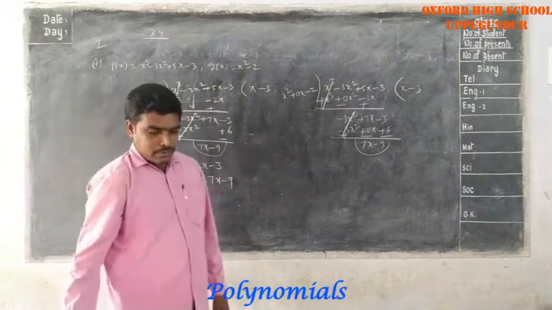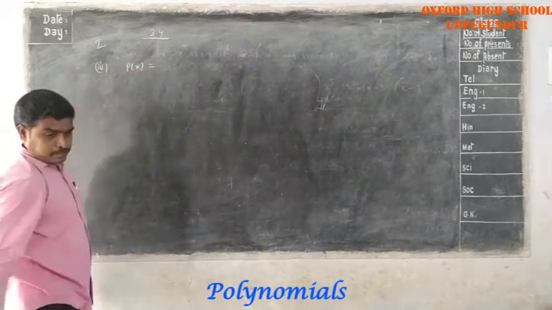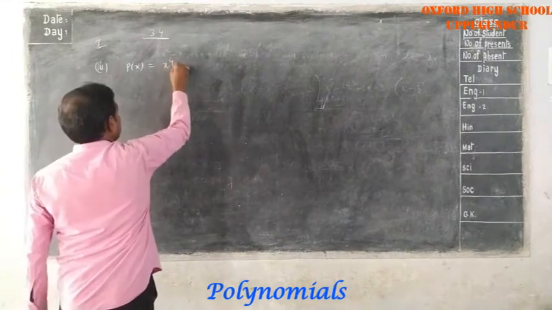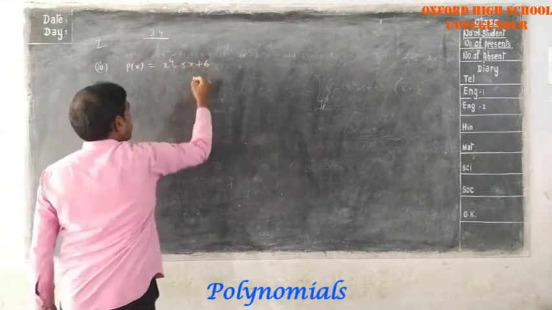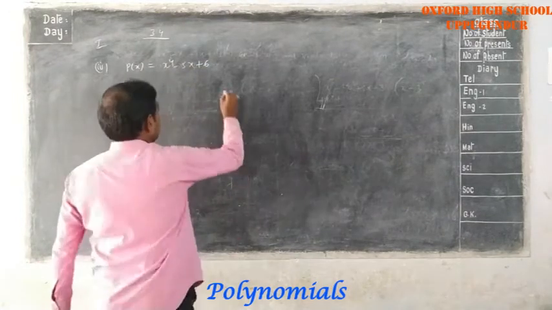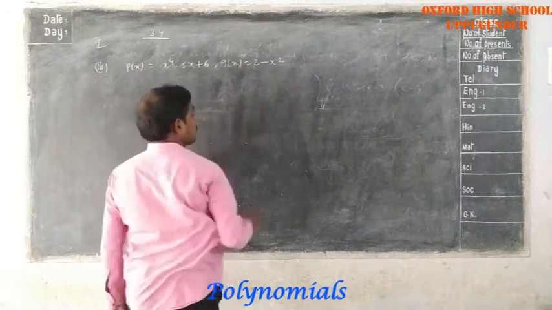Next, third problem. P of x equal to x power 4 minus 5x plus 6. G of x equal to 2 minus x square.